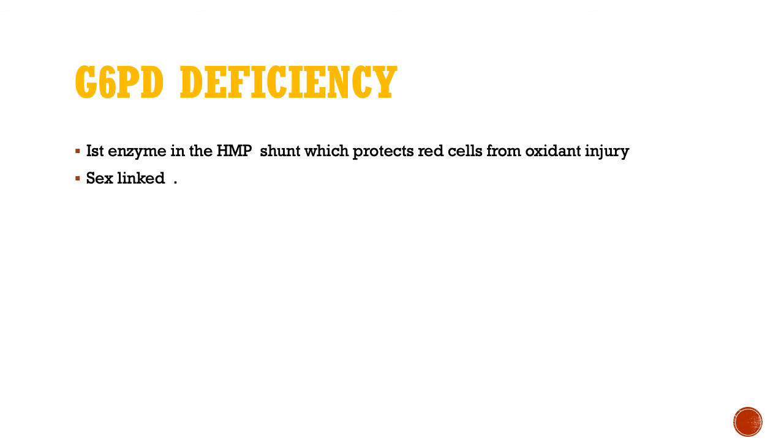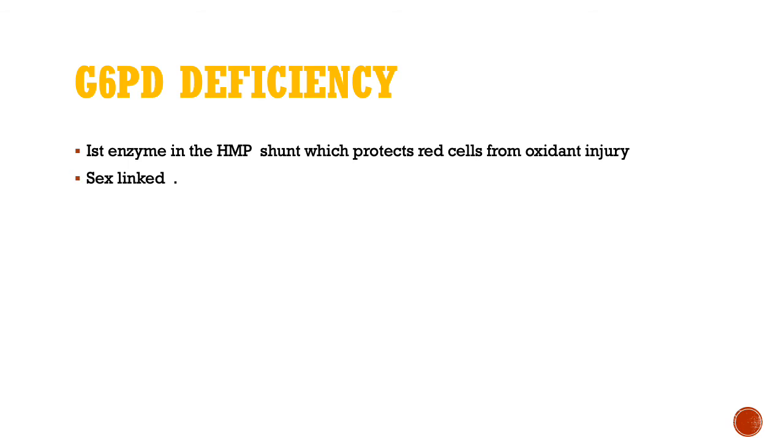The hemolysis associated with defects in glycolysis is known as congenital non-spherocytic hemolytic anemias because the RBC morphology is minimally altered. The RBC enzyme deficiencies encountered can be HMP shunt enzyme deficiencies, due to G6PD deficiency or glutathione synthetase deficiency, or glycolytic enzyme deficiency, due to pyruvate kinase deficiency.